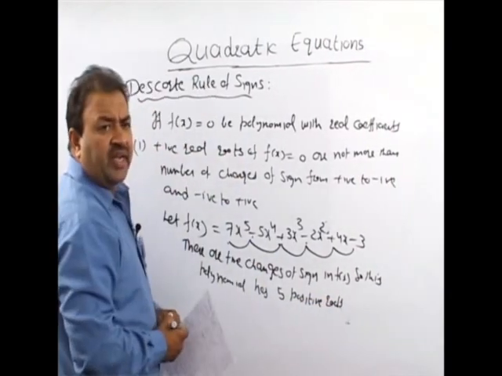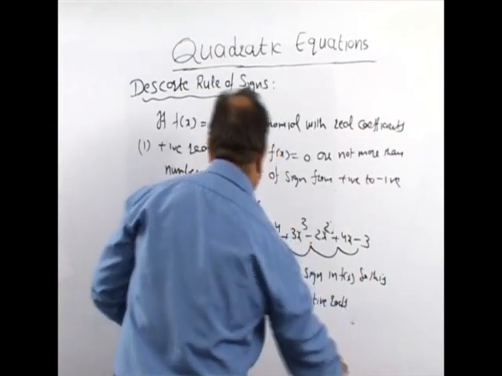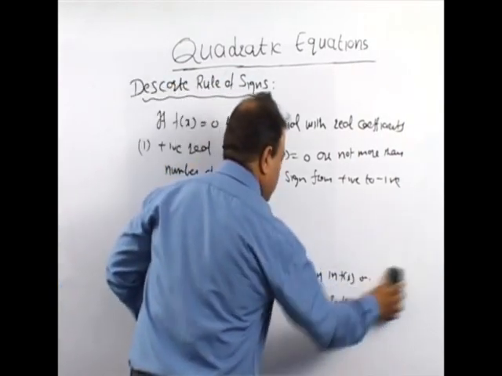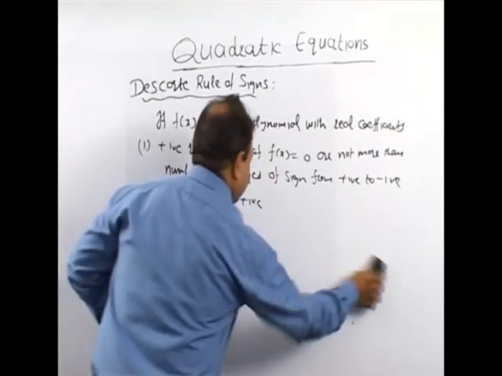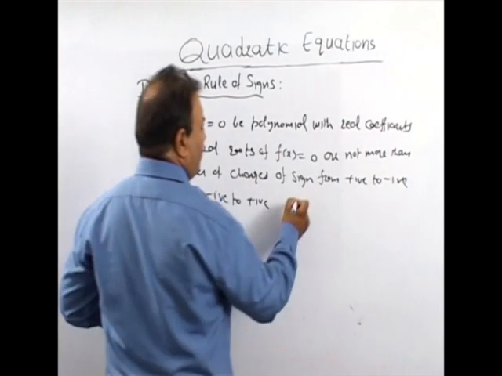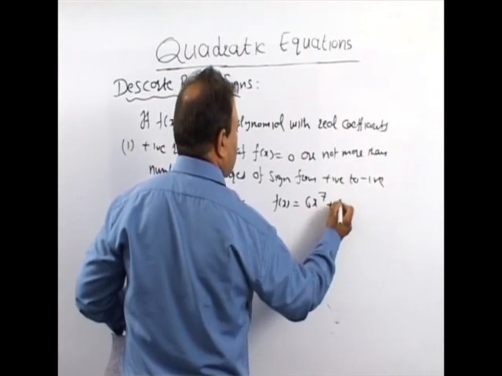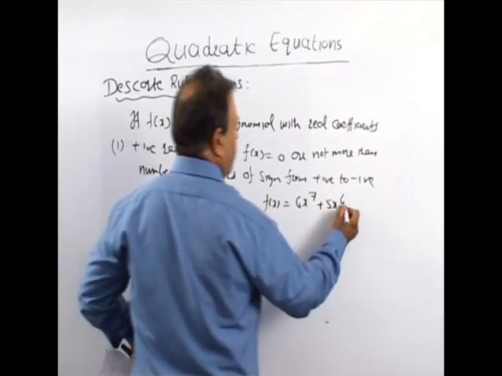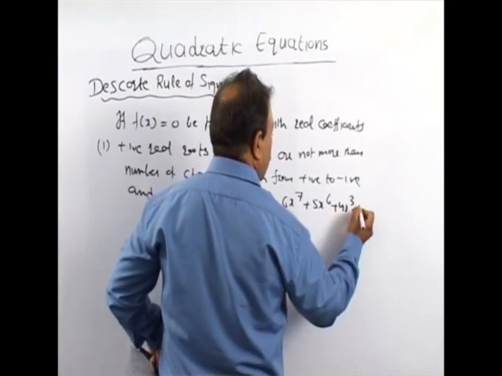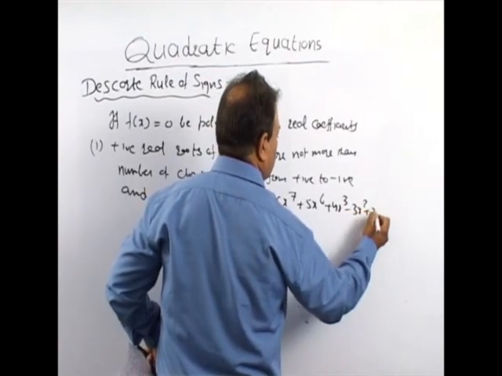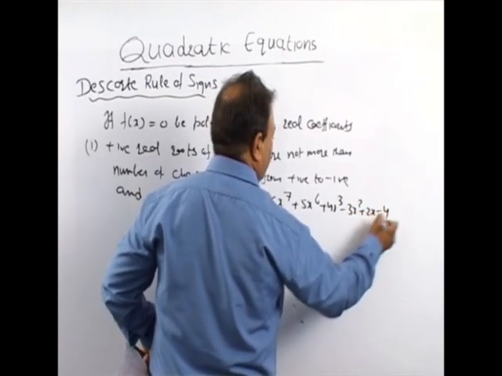Now I take another example. f(x) = 6x^7 + 5x^6 + 4x^3 - 3x^2 + 2x - 4.